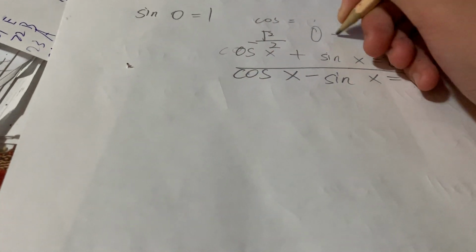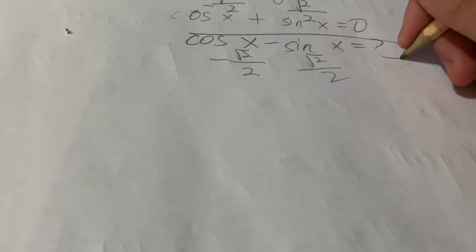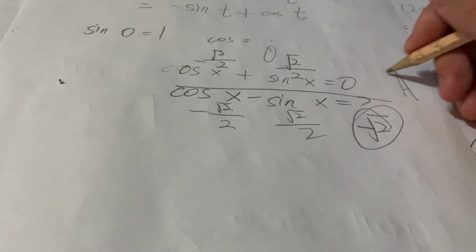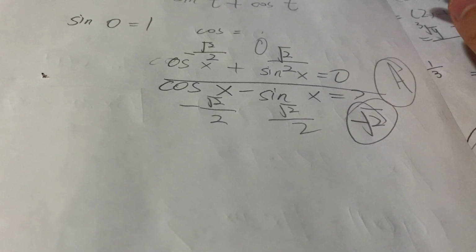So it's negative root 2, negative root 2 divided by 2, and this is equal to positive root 2 divided by 2. So this is negative root 2 divided by 2, and this is also negative root 2 divided by 2. So it is going to be negative root 2, and it is going to result in A as the final answer.